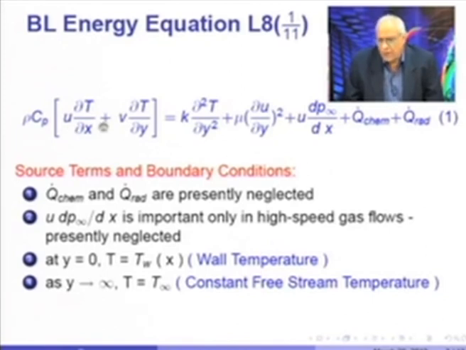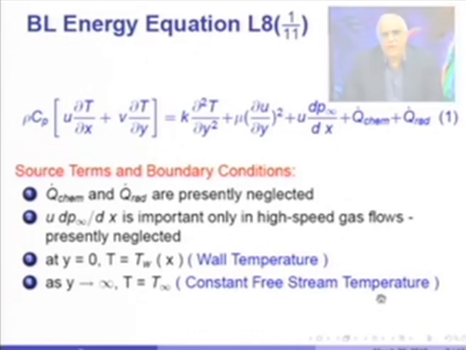The boundary conditions to this equation would be at the wall, y equal to 0, T will equal T wall, and that may or may not be a function of x. At y equal to infinity, T will be equal to T infinity and is assumed to be constant in the free stream. It does not vary with x.